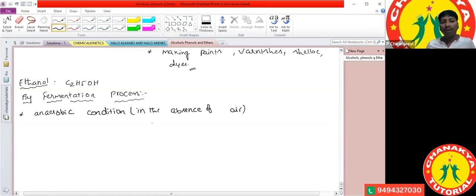So the fermentation process can take place in the absence of air.